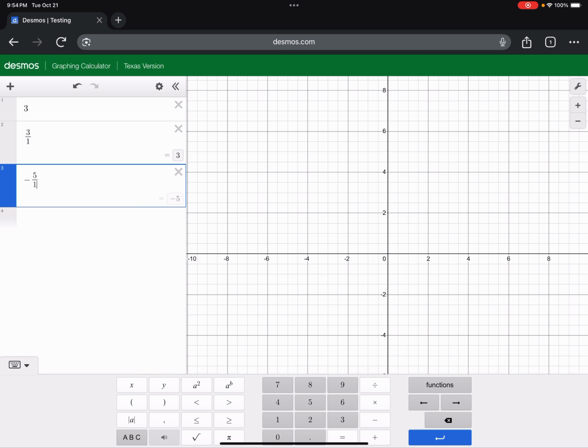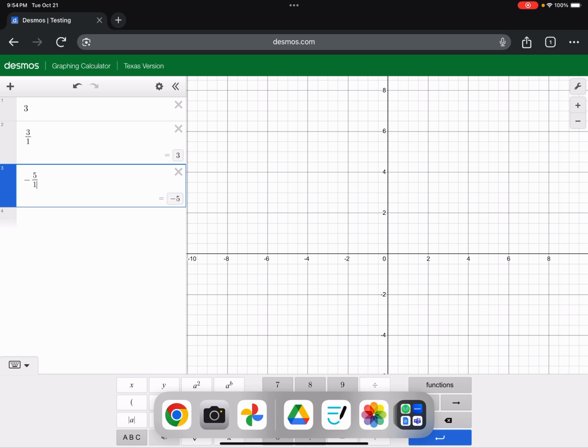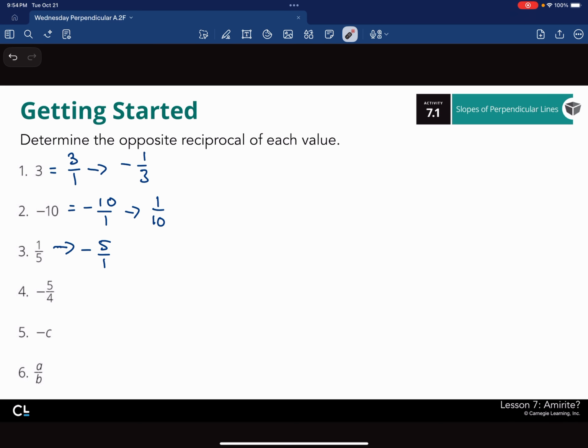Negative 5 divided by 1 is just negative 5. So my reciprocal is negative 5. Next one, negative 5 over 4. Again, it's already a fraction, so I just need to change it to the opposite reciprocal. What's the opposite of a negative? A positive. And instead of 5 over 4, now it's 4 over 5.